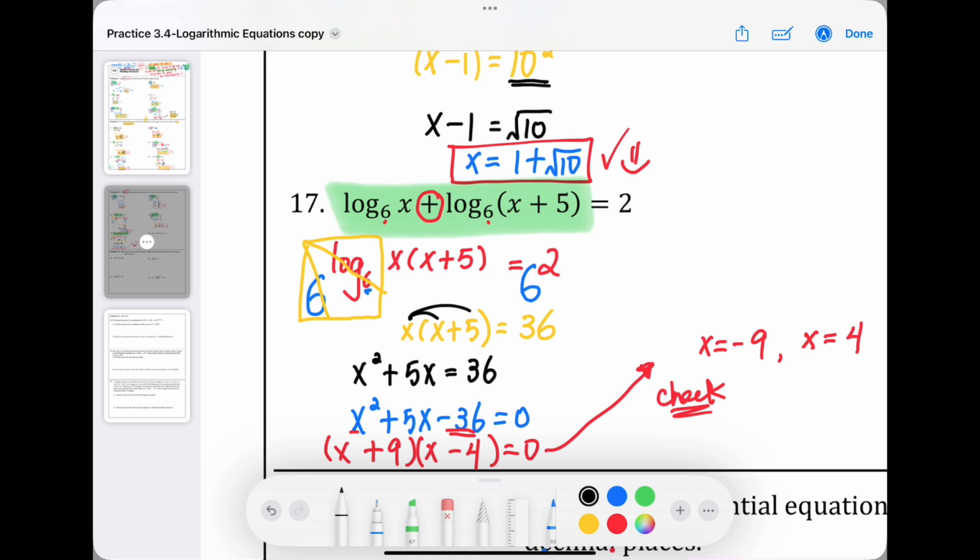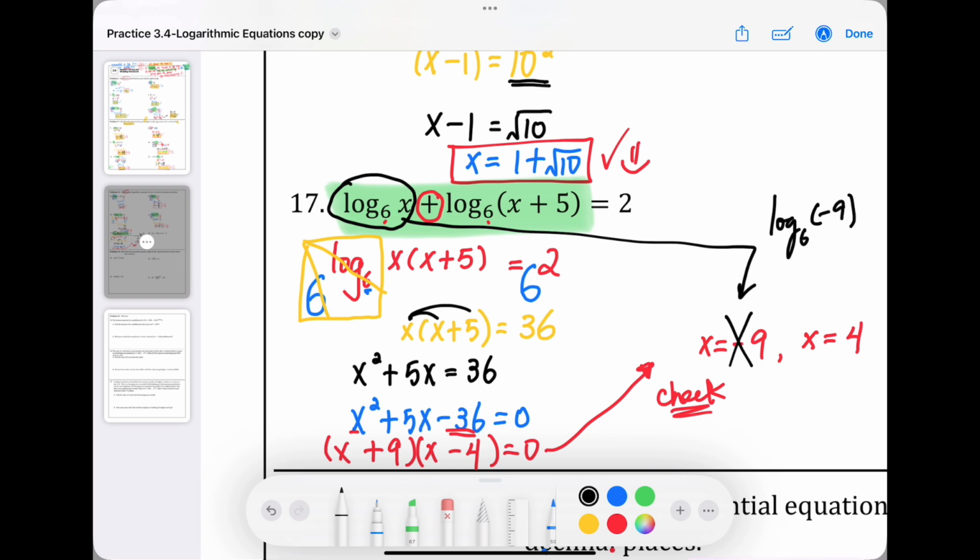Now, have you thought about checking it yet? When we check it, you know that no way, the negative 9 cannot be my solution. Why? Because we have a condition on the log, right here, okay? Log base 6 of negative 9. You know that this is no solution. Why? Because the thing about my log function, right?